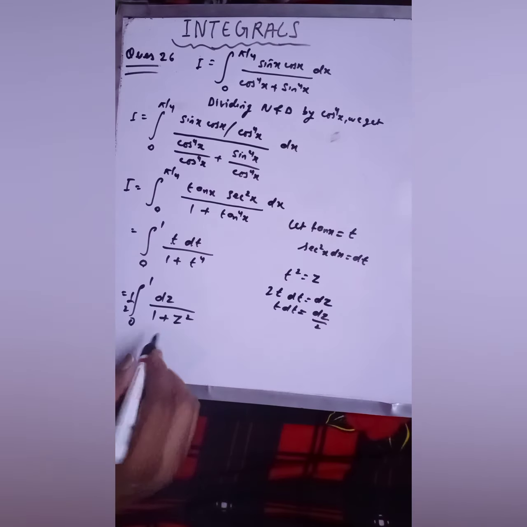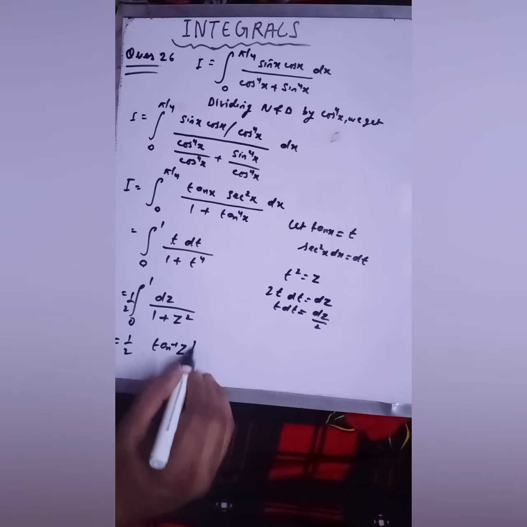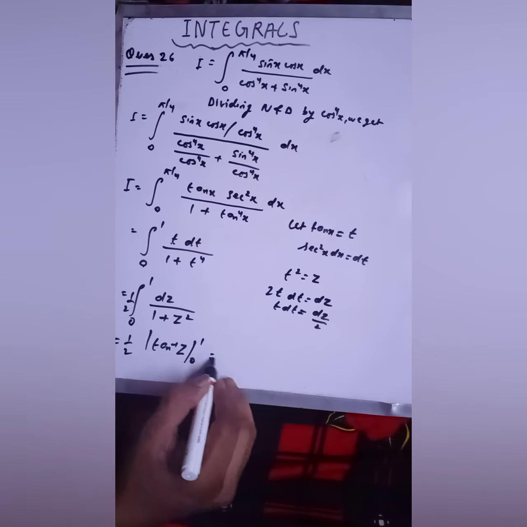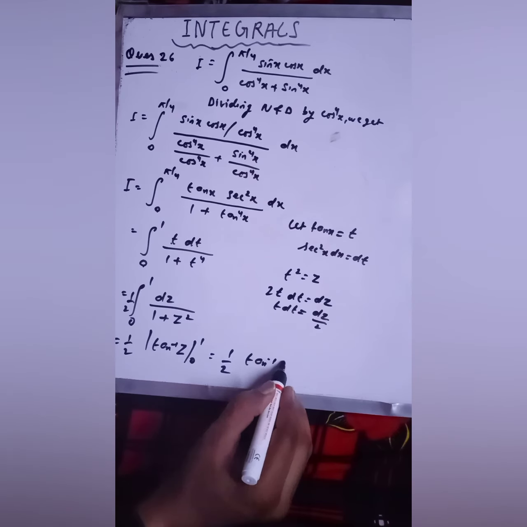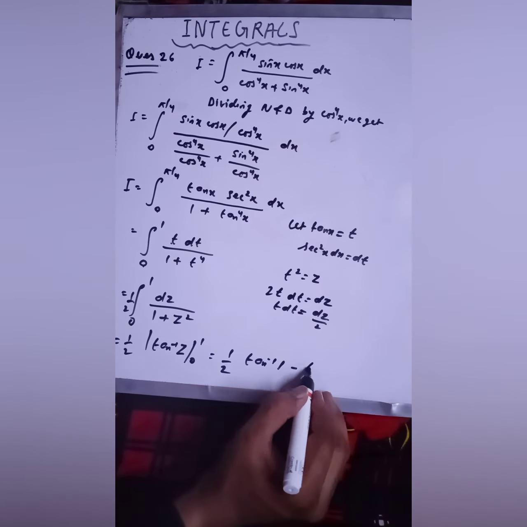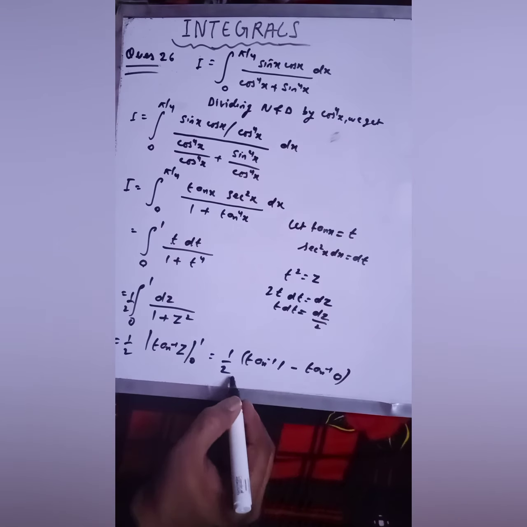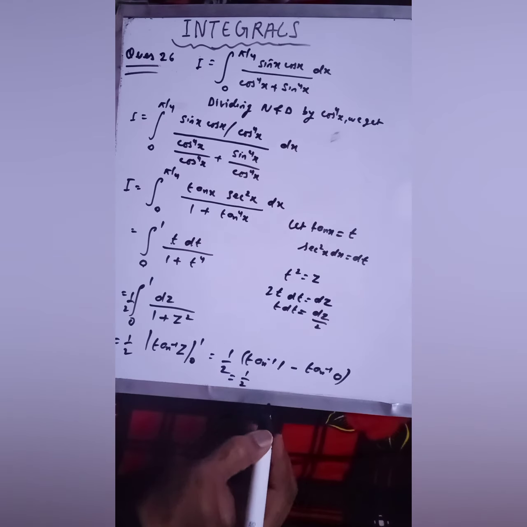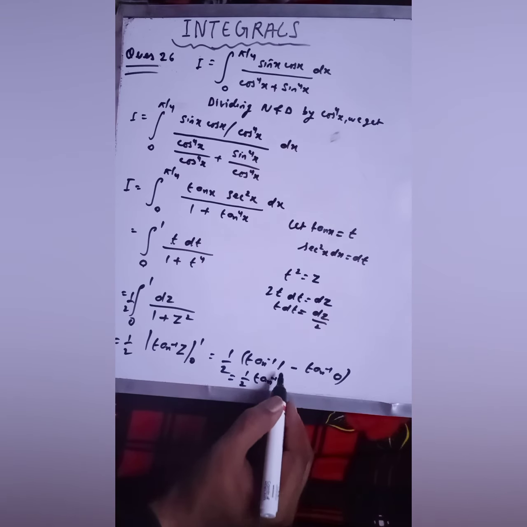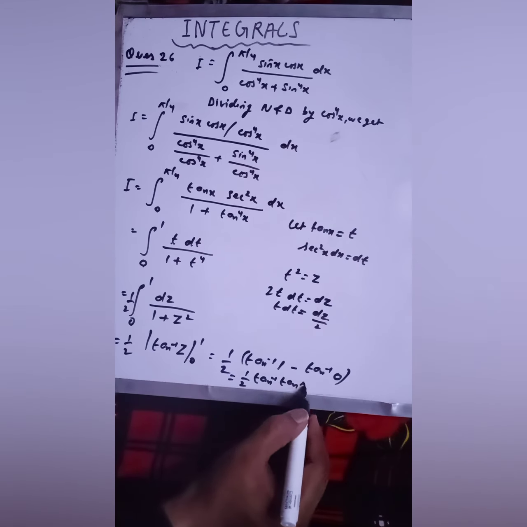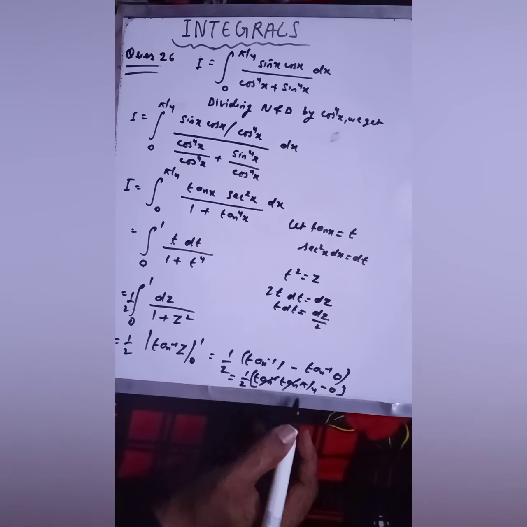As you know, this is the formula of tan inverse z, and put the limits also. 1 by 2 times (tan inverse 1 minus tan inverse 0). In place of 1 I can write tan pi by 4, minus 0, so tan and tan will cancel out and you will get the answer.